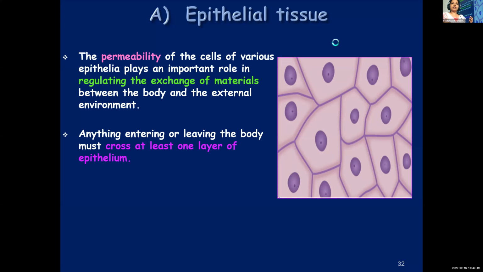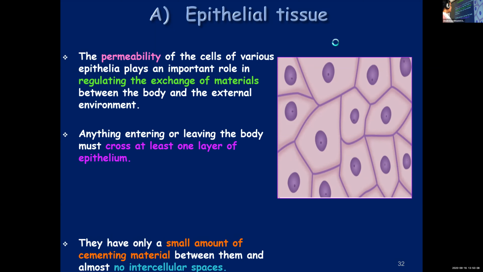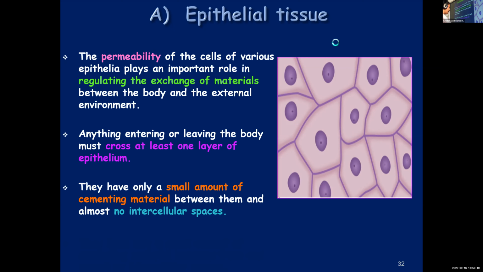So if substances need to enter your body or your organs, they should cross this epithelium. If the epithelium is not permeable, the materials will not be able to enter. So anything entering or leaving your body has to pass through at least one layer of epithelium.